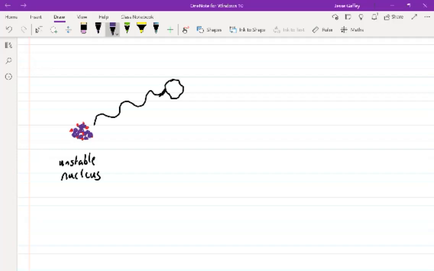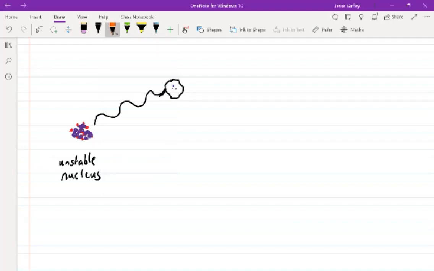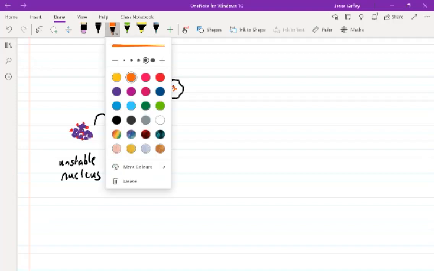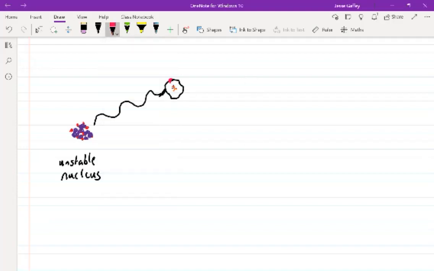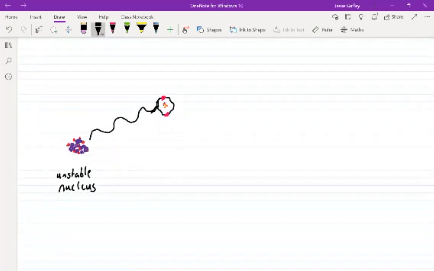Now, this is a second atom. I'm drawing the protons. I'm drawing the neutrons in the nucleus. But we also have electrons on this atom. Oops, sorry. Let's get back to the shell. Thank you. Here are my electrons. Now, if radiation crashes into another atom and knocks an electron out of the atom, then that has basically turned this atom into an ion.